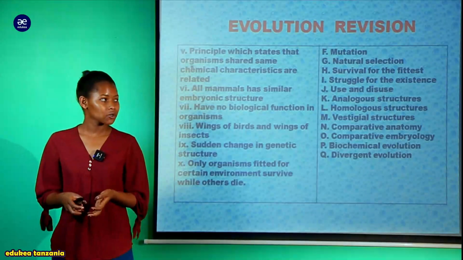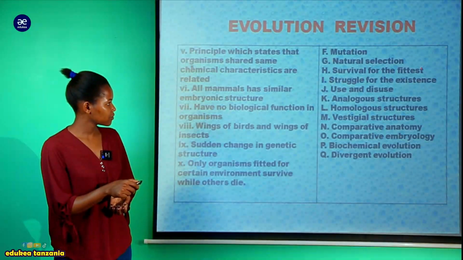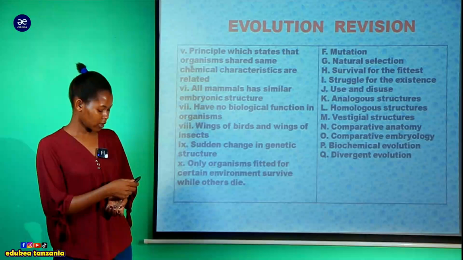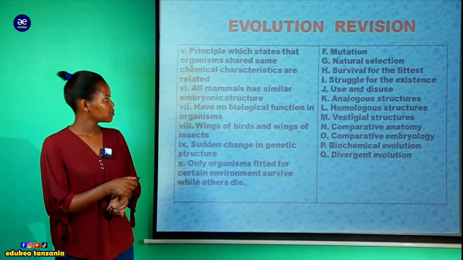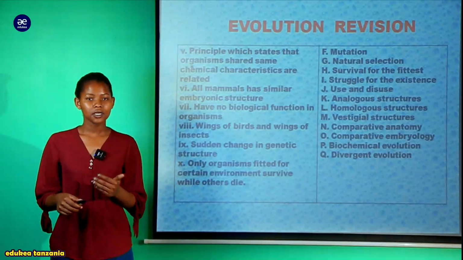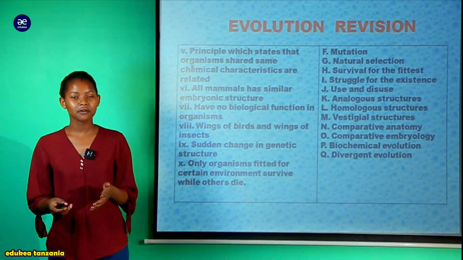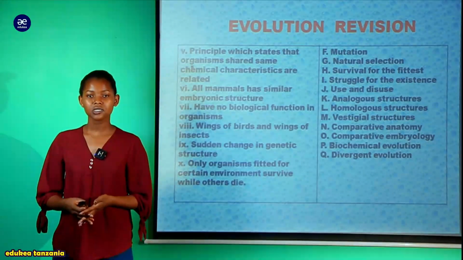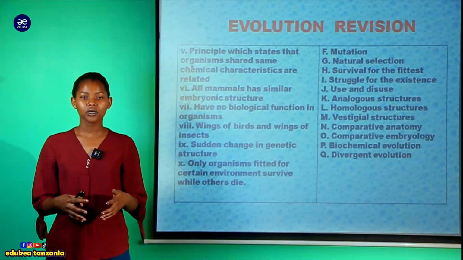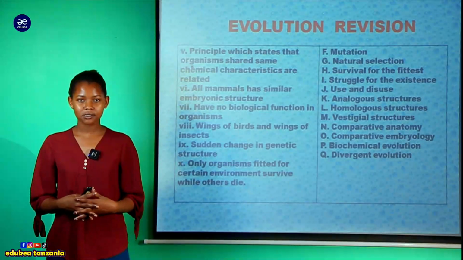It might be either natural selection or survival for the fittest. So tuangalie jibu hapa is G, which is natural selection. Natural selection ndo inaruhusu organisms wote ambao wamesurvive kwenye certain environmental conditions wa survive, ambao wanashindwa wanakufa. That is how nature works.